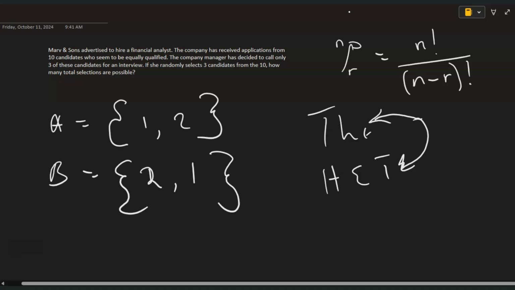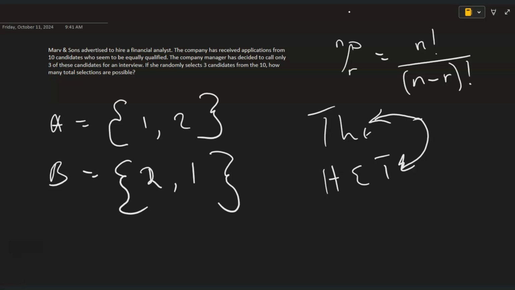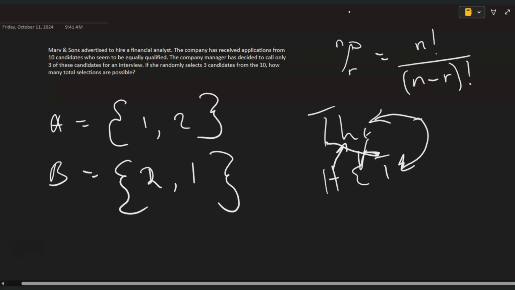But under combination, this is one combination, basically, as long as the characters are the same. You have H here, you have H there, you have T there, you have T there, and you have E, you have E.